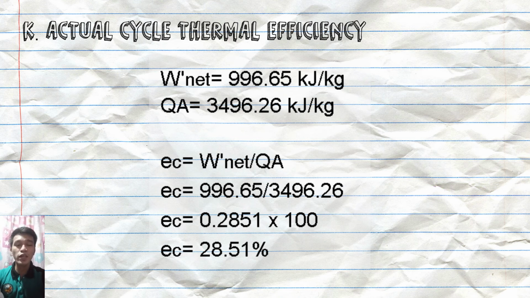Substituting it to the formula, EC is equal to 996.66 kilojoules per kilogram over 3,496.26 kilojoules per kilogram. From that, we will get the value of 0.2851. Then we will multiply it by 100 to get the equivalent percentage. And now, the actual cycle thermal efficiency is equal to 28.51%.